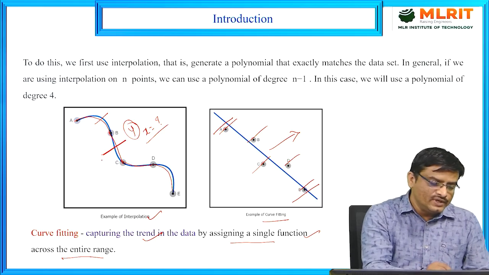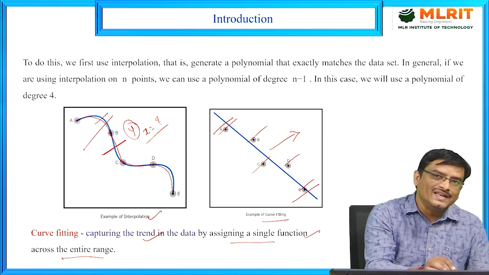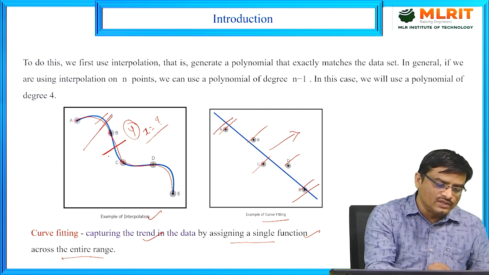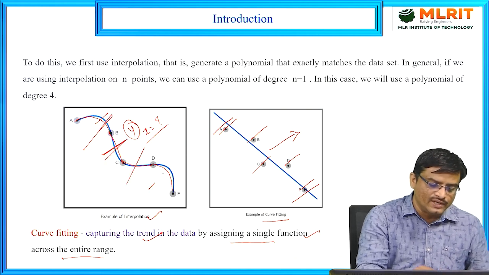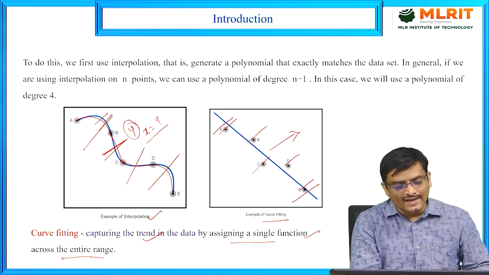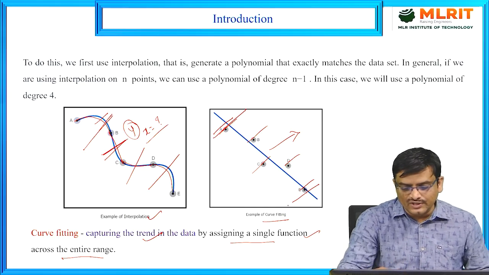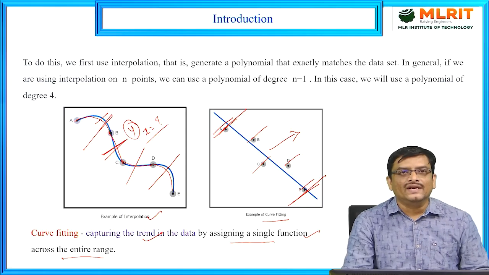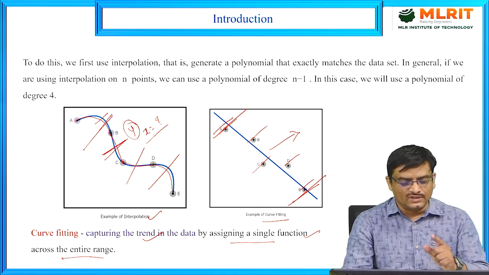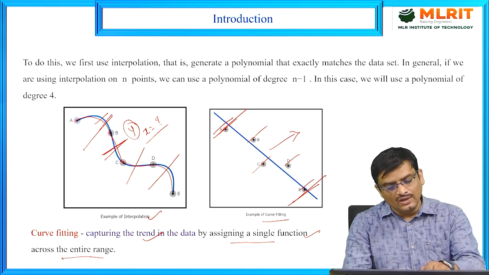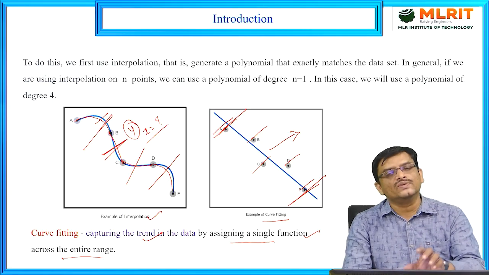The interpolation concept is used to get the value of y between these points, or between these two points, or between these two points. But here we are analyzing the entire data across the total range from A to E. From A to E, all the points in between, we are analyzing the data.